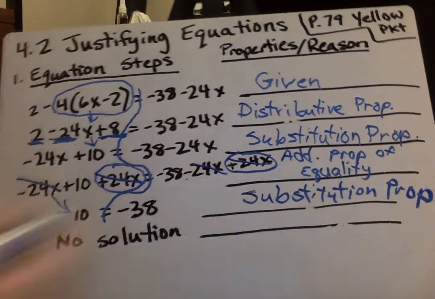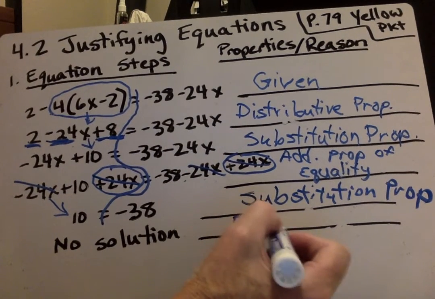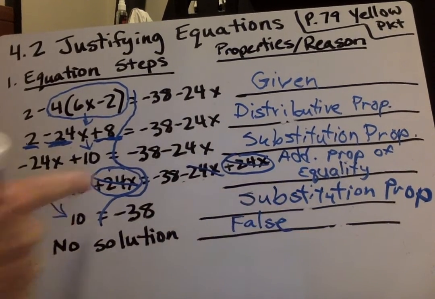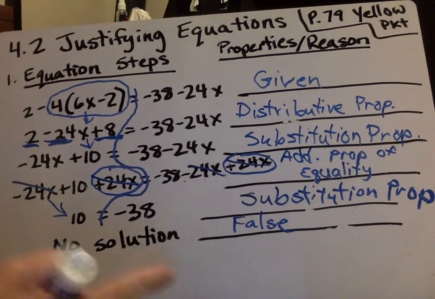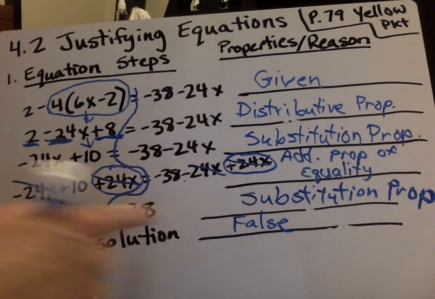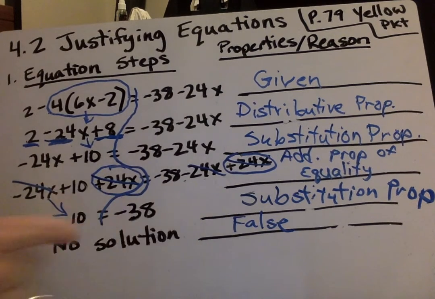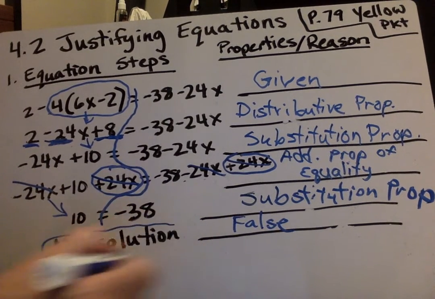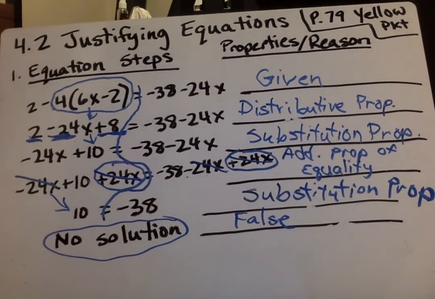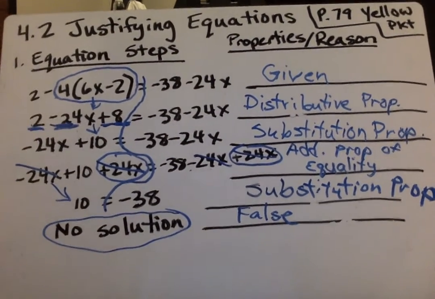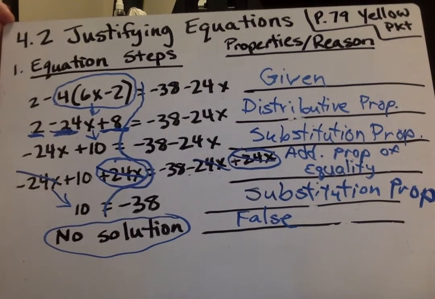Then we write false. Okay, so if your variables drop out and it makes a true statement, it's going to be infinitely many solutions. But if it's false, such as 10 equals negative 38, then it's going to be no solution. And that's your solution to this equation: no solution. All right, that was so much fun. Let's do another one.